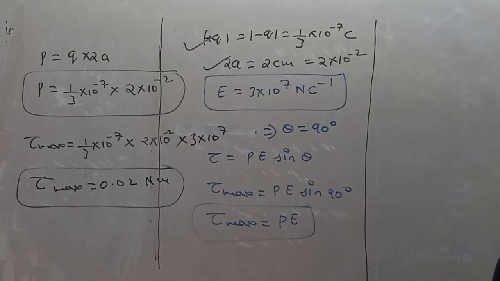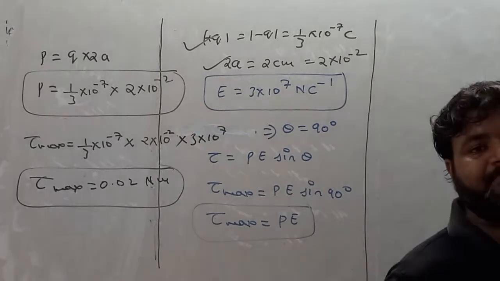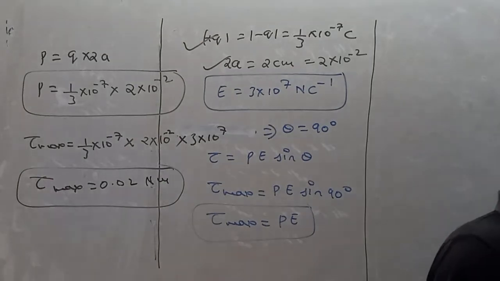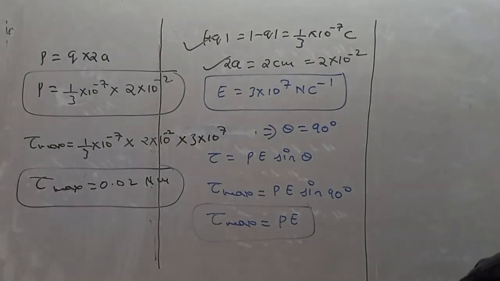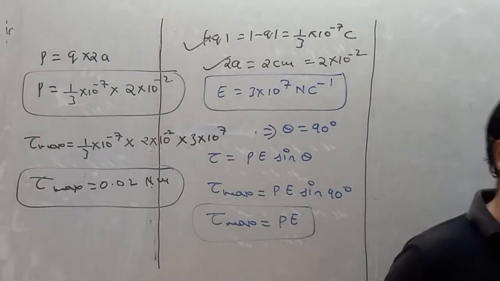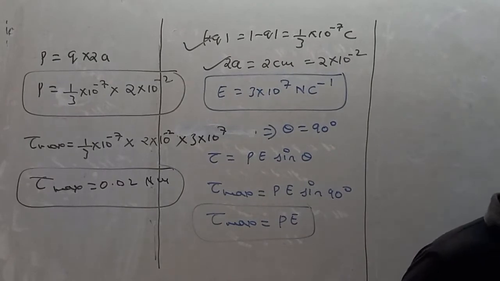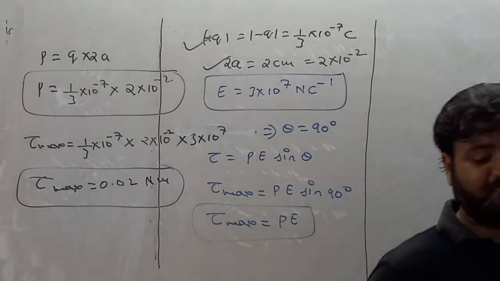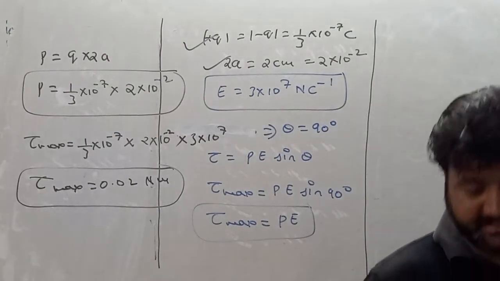Now moving forward, write down the new numerical. Two point charges each of 5 microcoulomb but opposite in sign.